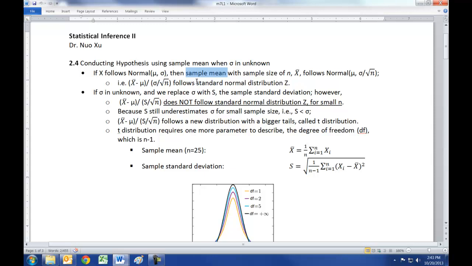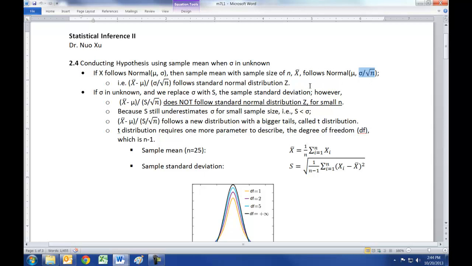individual box of cereal. And the advantage comes from the following law, which is if x follows a normal distribution, then the sample mean based on x also follows a normal distribution with the same mean but with a much smaller variance, or a much smaller standard deviation.